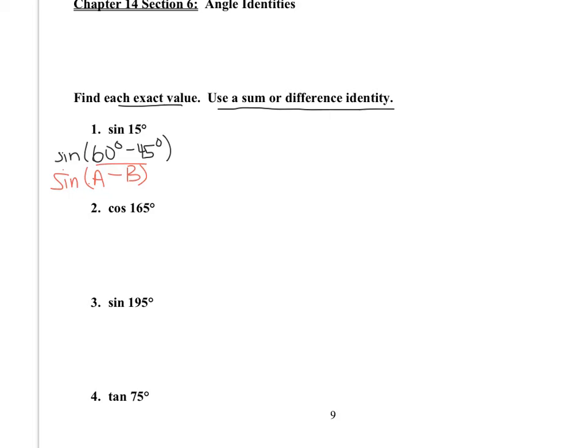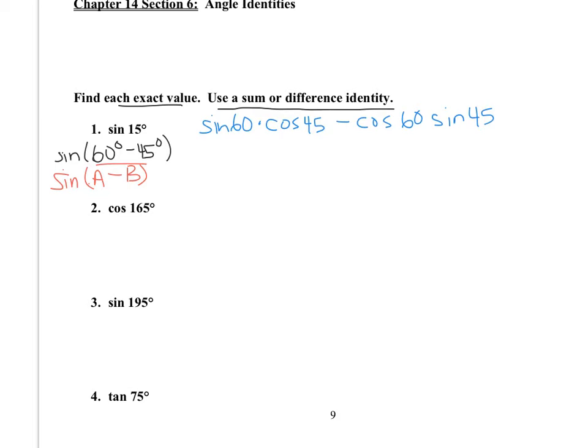So I'm going to plug it into the formula. That is sine of 60, which is sine of A, times the cosine of B, which is 45, minus the cosine of A, which is 60, times the sine of B, which is 45.